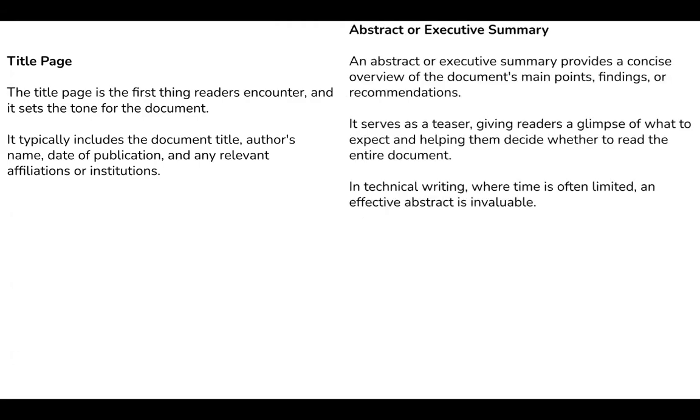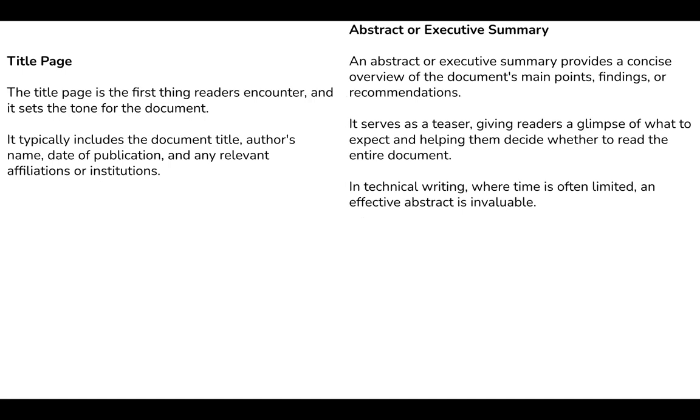Second thing is an abstract. So an abstract is essentially a summary that provides a concise overview of the document's main points, findings, or recommendations. So it serves as a teaser that gives the readers a glimpse of what to expect and helps them decide whether to read the article, the document, or not.